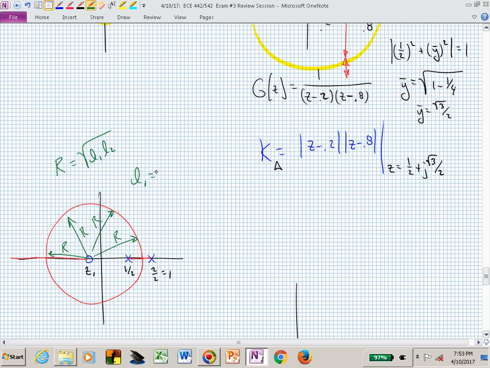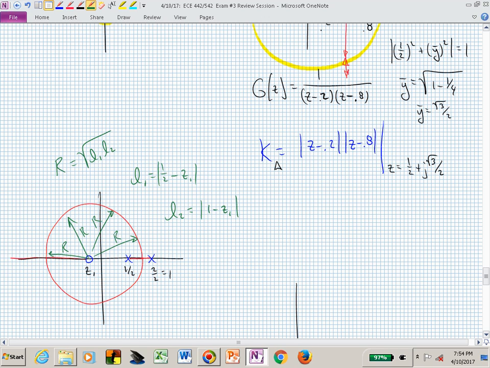Where L1 is now, let's say, 1/2 minus Z1, and L2 is P2 minus Z1. That radius then could be added to that 0 location to give us the location between those two poles where we break away.